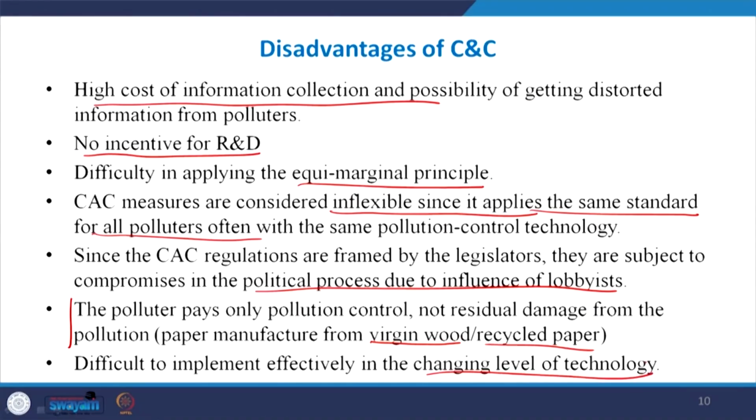It is also difficult to implement effectively with a changing level of technology. This is also a major problem associated with the command and control system, especially in those industries where technology is changing very fast. So, in the present era of liberalization and globalization, where we are importing technologies very fast, technologies in the production process are changing very fast.